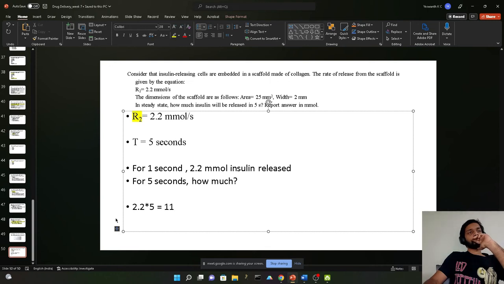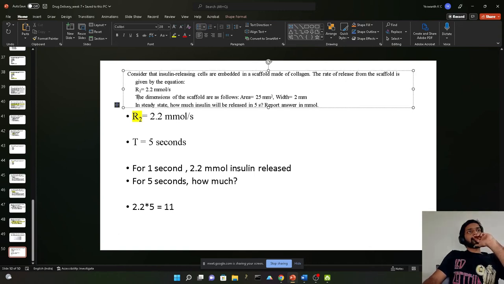Sir, the release rate is given, but what effect will the surface area and dimensions have? Only multiplication of time into release rate, since it's given to us. For what purpose is the area used? They have given it, I guess, to throw you off. You don't need the dimensions of the scaffold because you're directly given the release rate.